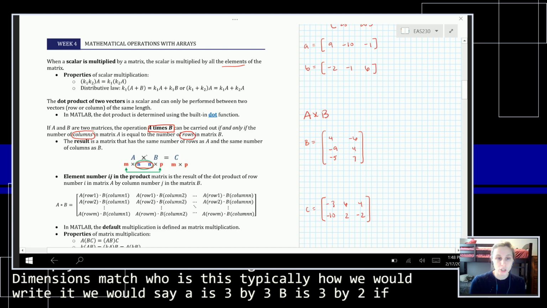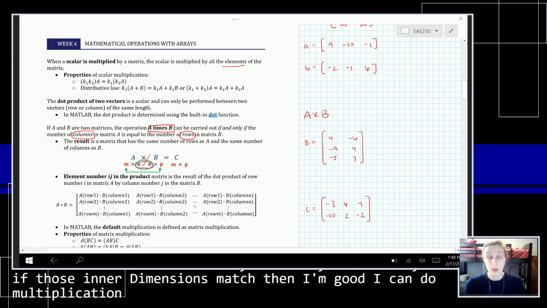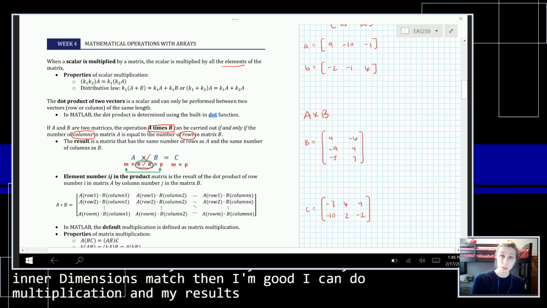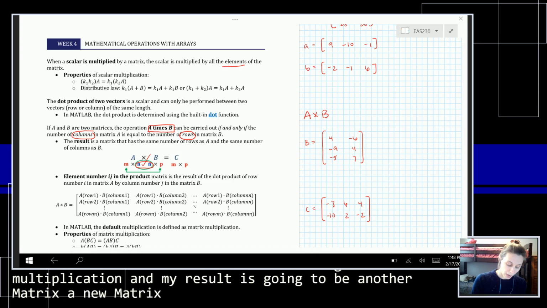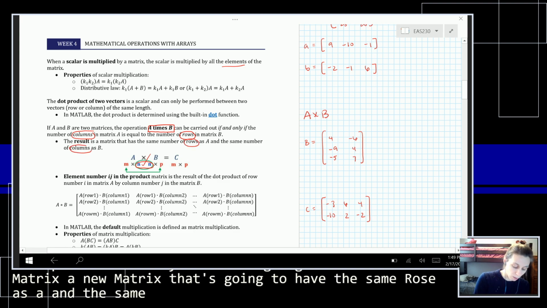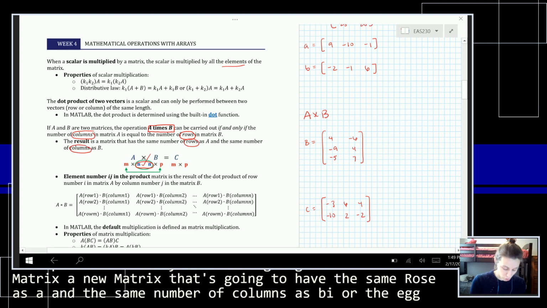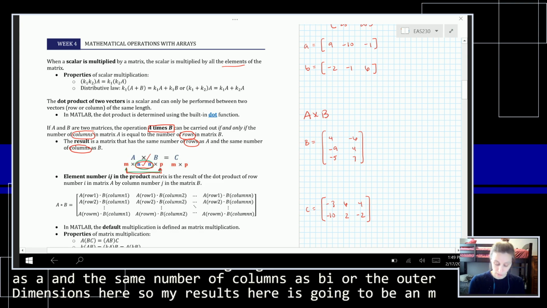If those inner dimensions match, then I'm good. I can do multiplication, and my result is going to be a new matrix that has the same number of rows as A and the same number of columns as B, or the outer dimensions here.